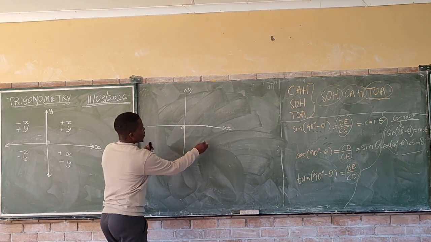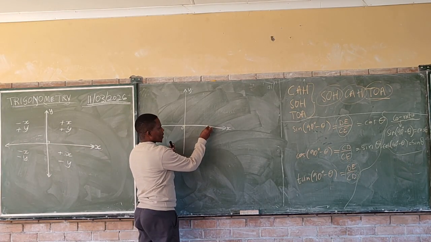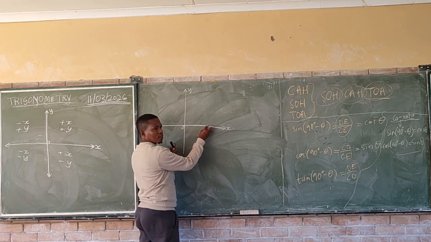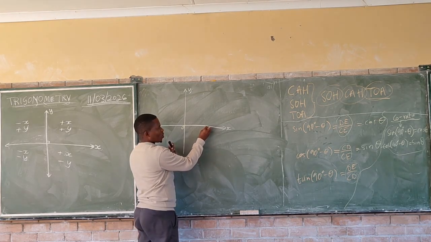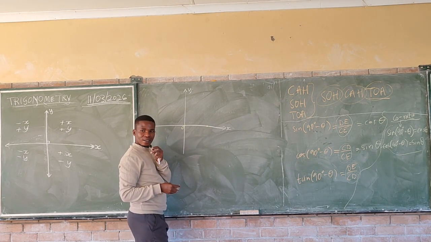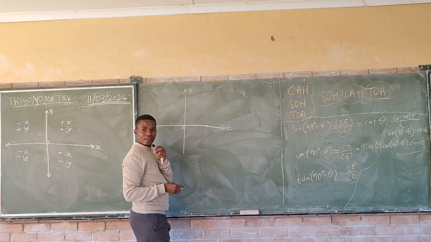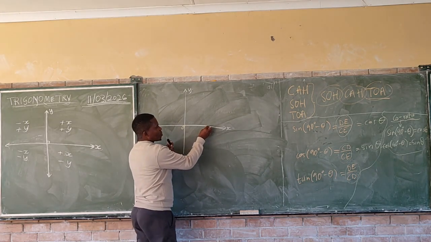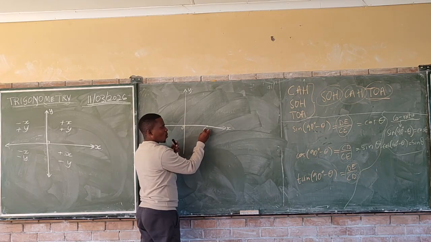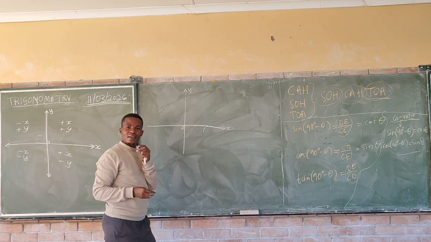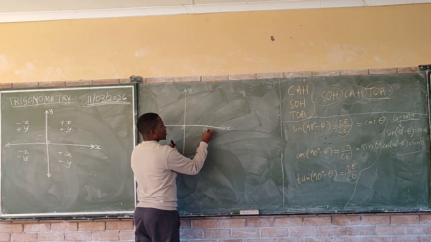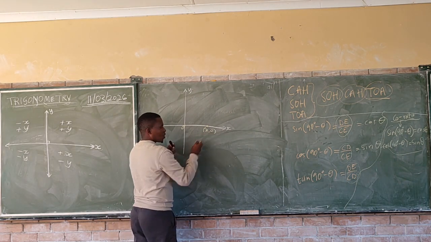And then what are the coordinates at this point? X and 0.